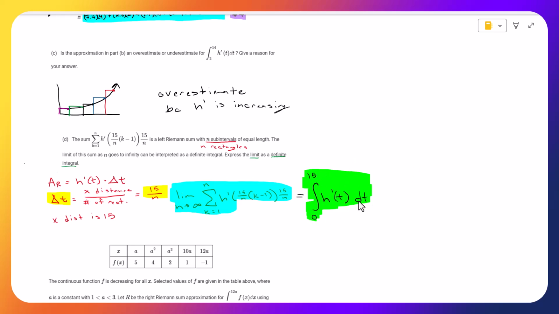This needs to be exact. This part right here. 0 to 15. Okay. And there's our 3 points for this question. So it's not super bad. It's just rewriting this as an integral.